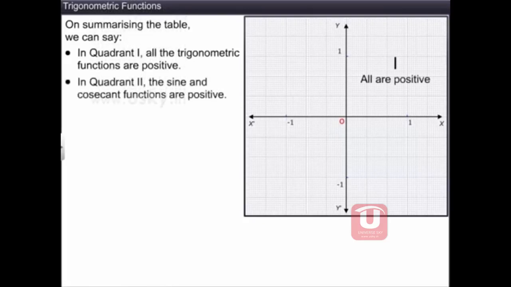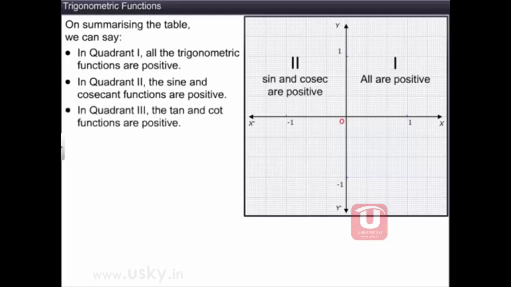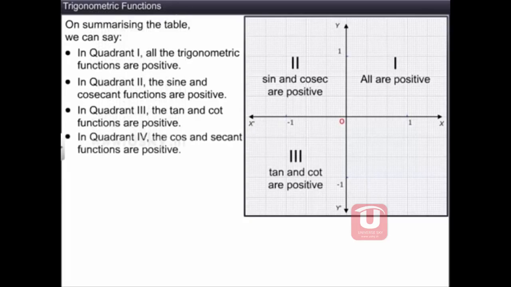In quadrant 2, the sine and cosecant functions are positive. In quadrant 3, the tan and cot functions are positive. In quadrant 4, the cos and secant functions are positive.